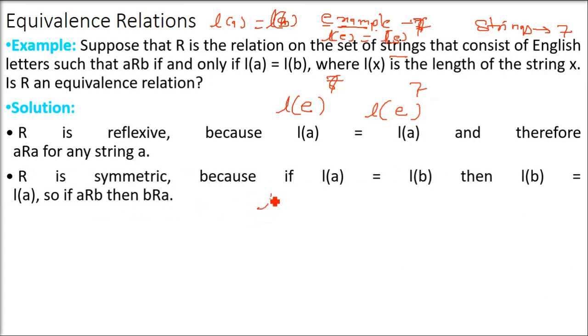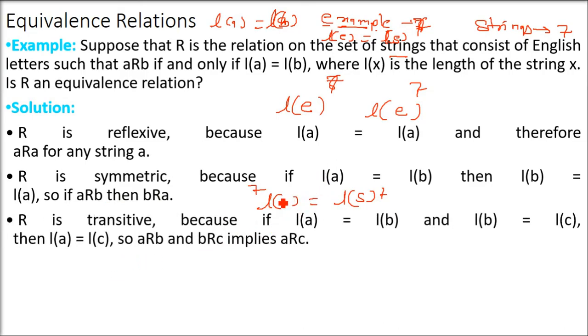Now R is symmetric. Why? Because the length of example and the length of string are both 7. Then the length of string is equal to the length of example, both are 7. So this is symmetric. Now transitive: the length of example is 7 and it is equal to the length of string, 7. And the length of string is equal to the length of letters.